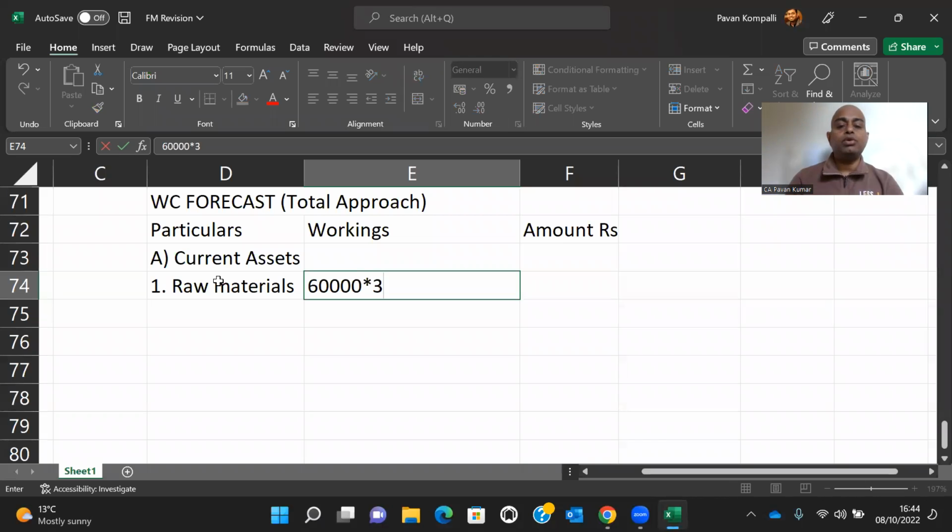What is the raw material cost per unit? 3. So what is total raw material consumed? 1,80,000. But what is the amount of raw material in your hand? Are you holding 1,80,000 worth of raw materials? No. 1,80,000 worth of raw materials are the raw materials for the full year.